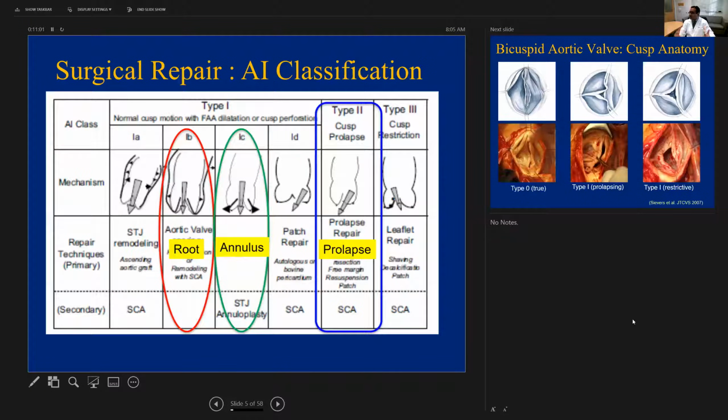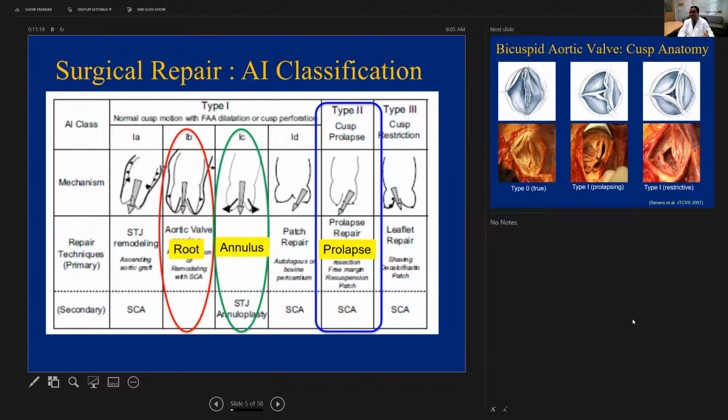Just a basic introduction to fundamentals of aortic valve repair. We all, as surgeons and a lot of cardiologists also, of course, when we look at aortic insufficiency, we go by this classification. It really helps us understand the disease pathology and technically what we need to be looking at. We look at aortic insufficiency by three types.